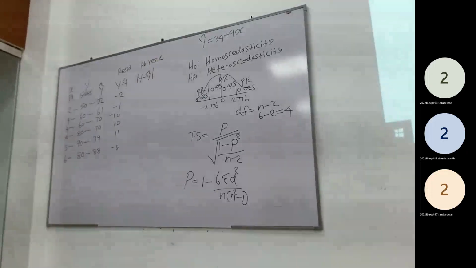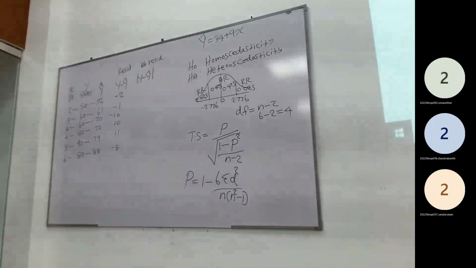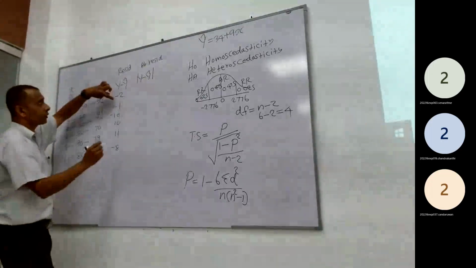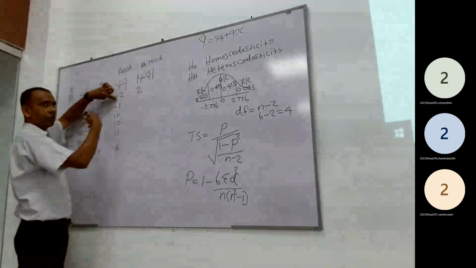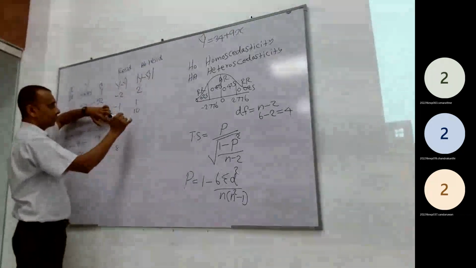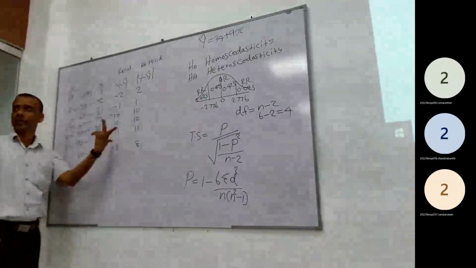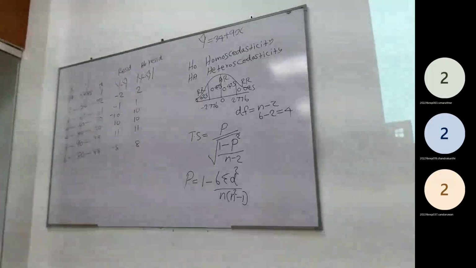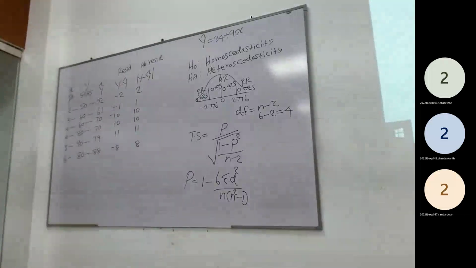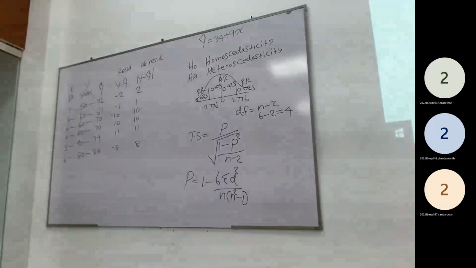If you couldn't understand, please ask. I will explain again and again. Absolute value means no need to worry about minus: 2, 1, 10, 10, 11, 8. Absolute value means no negative value. Irrespective of negative, we take the absolute value.